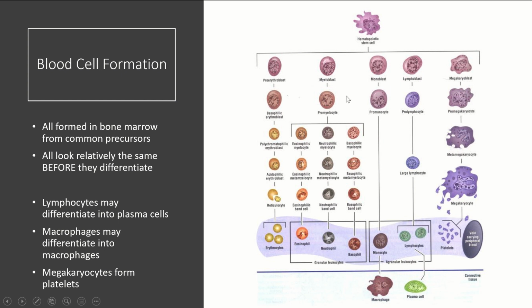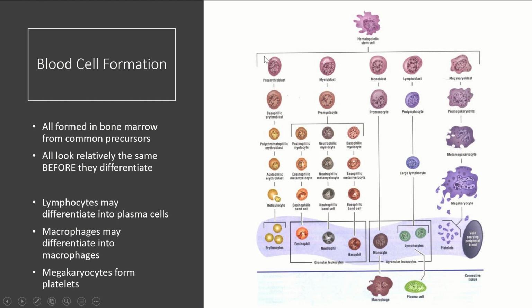But just know that all cells, all your red blood cells, white blood cells, everything like that, are formed in the bone marrow, or they all come from common precursors in the bone marrow. There are a few exceptions, but we won't get too bogged down in that either. And they do all look relatively the same before they start to differentiate and look like their end goal cells.